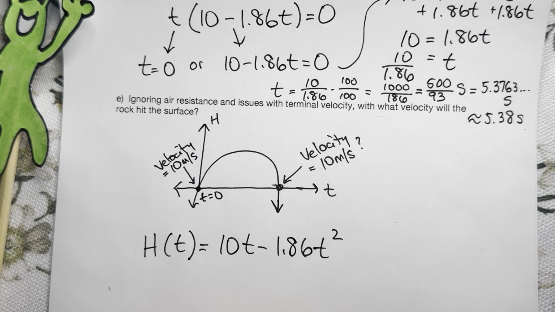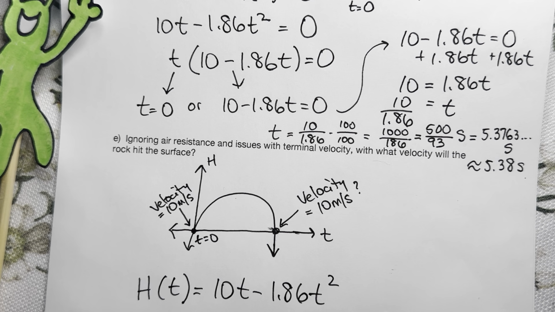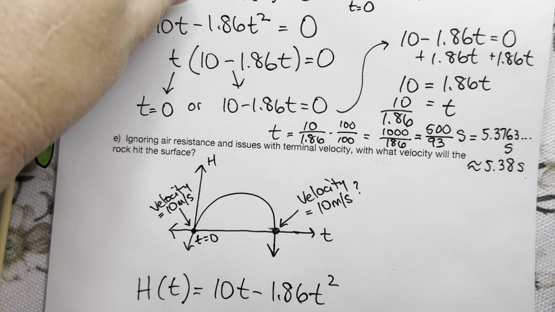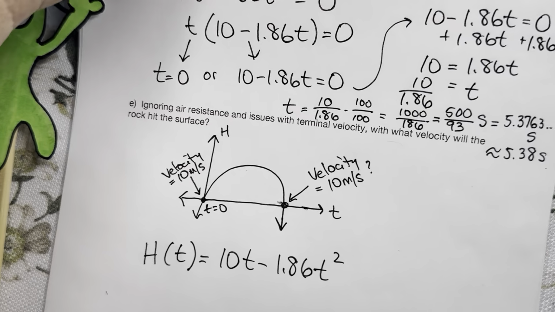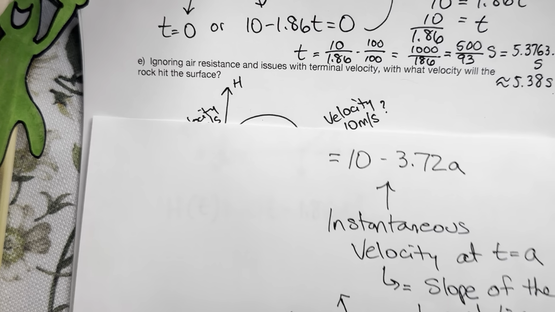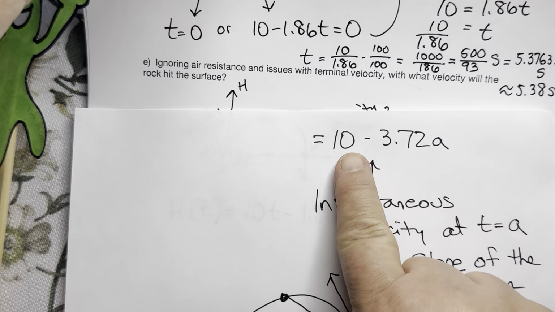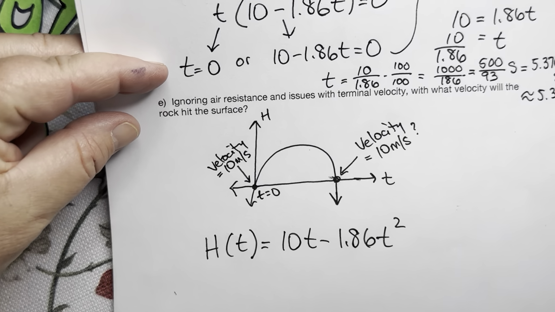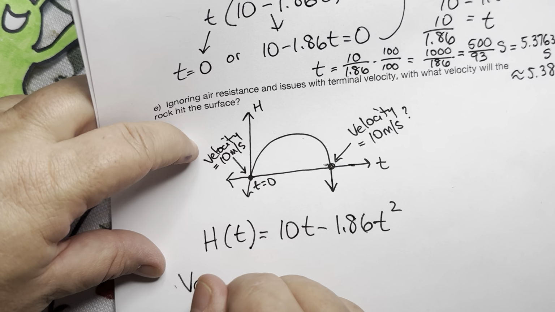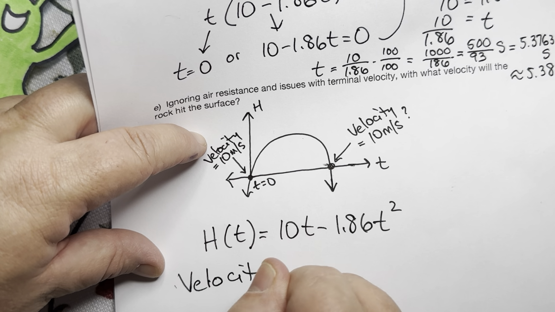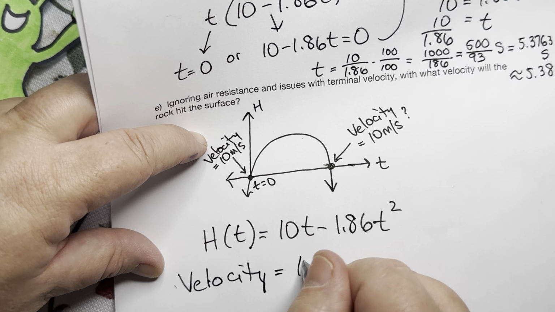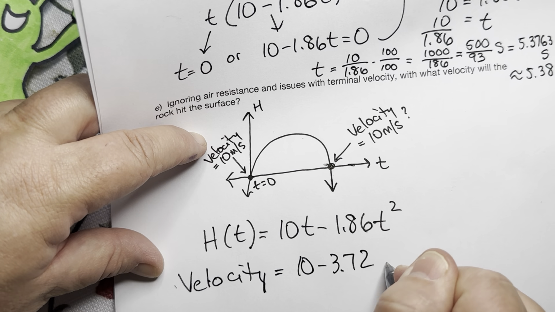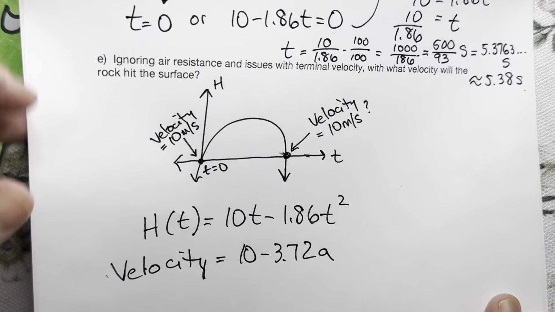However, if you recall, in the last video, let me see if I can find that page. In the last video, we found that instantaneous velocity was 10 minus 3.72a at time a, right?